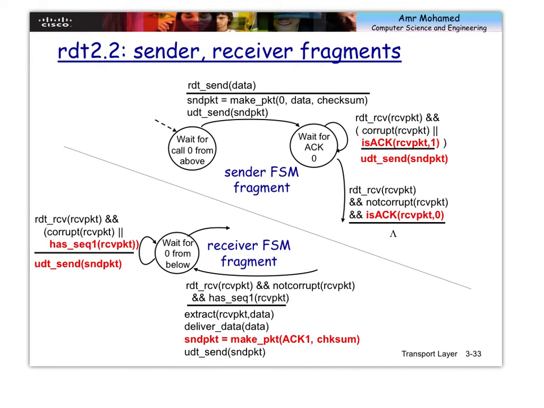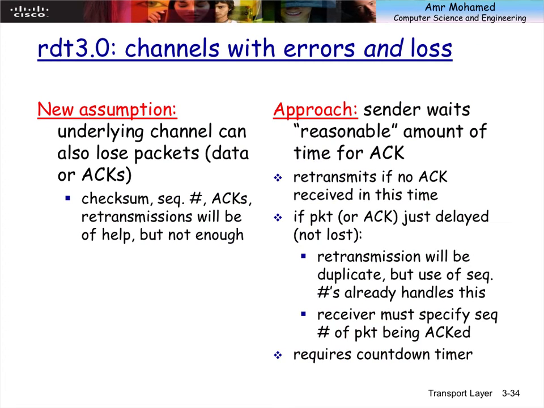Definitely, if you have acknowledgement and negative acknowledgement, this will increase the overhead because you have multiple control messages. So instead, you get rid of negative acknowledgement by sending the acknowledgement of the previous packet. So that's essentially the same. That's what we achieved here.